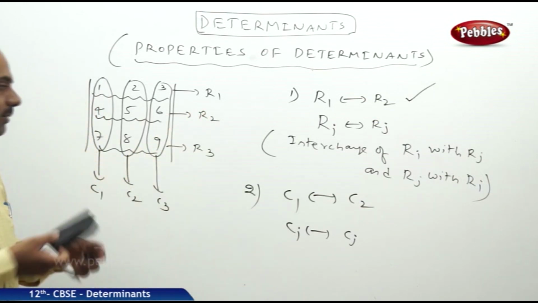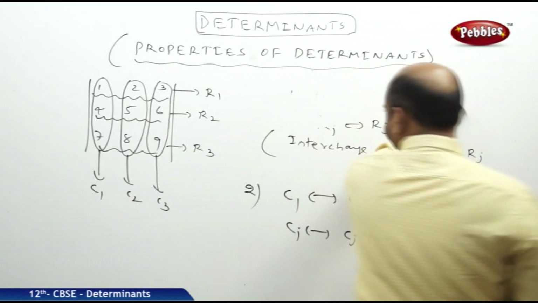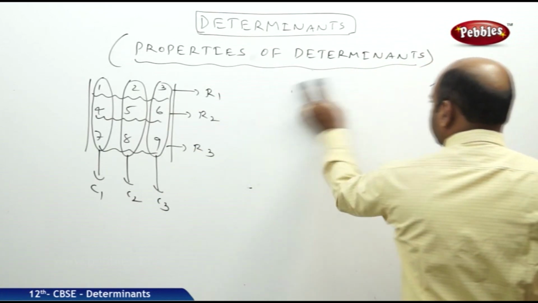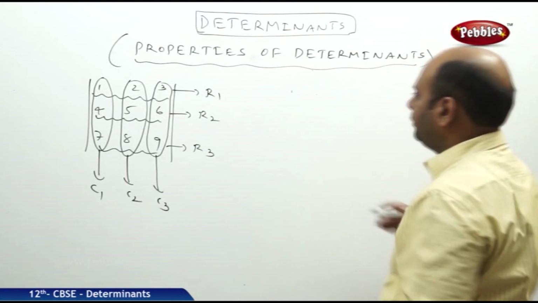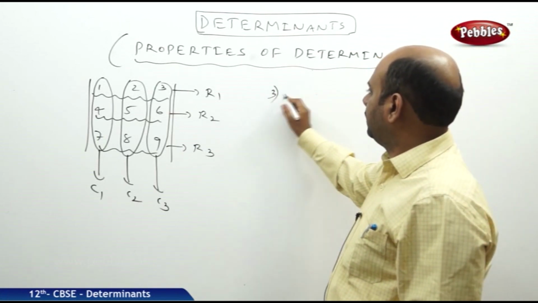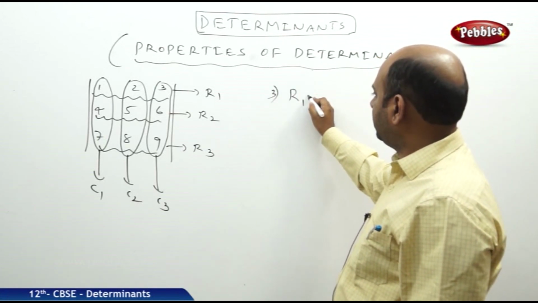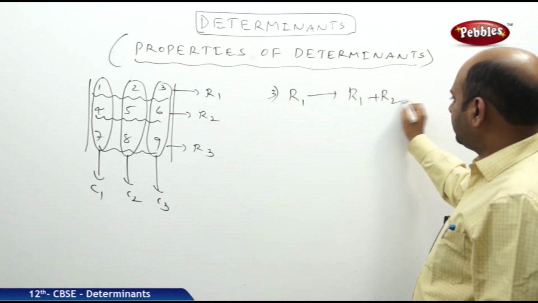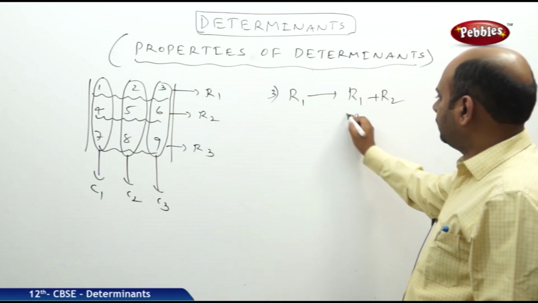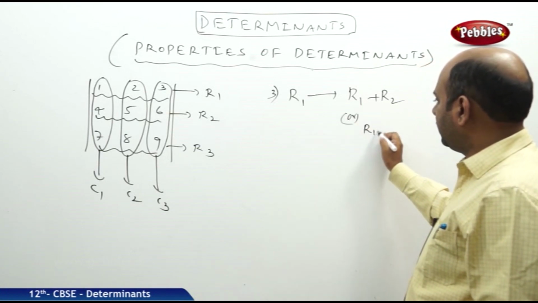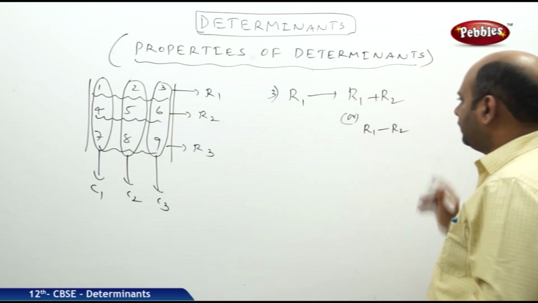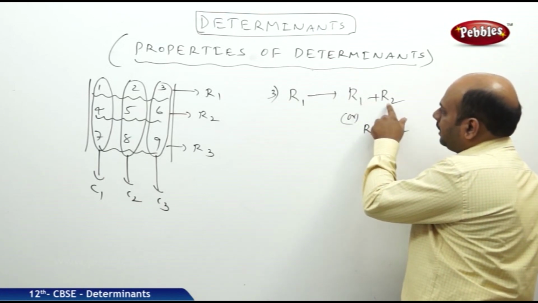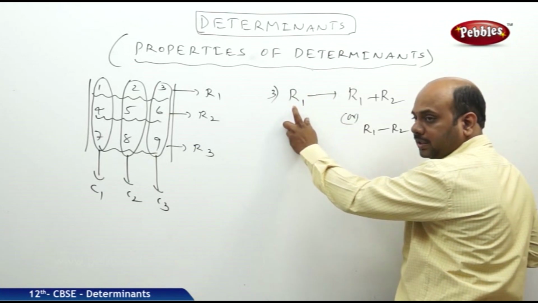And sometimes I'll be using another one: R1 implies R1 plus R2 or R1 minus R2. That means when I add R1 plus R2, I need to get R1.